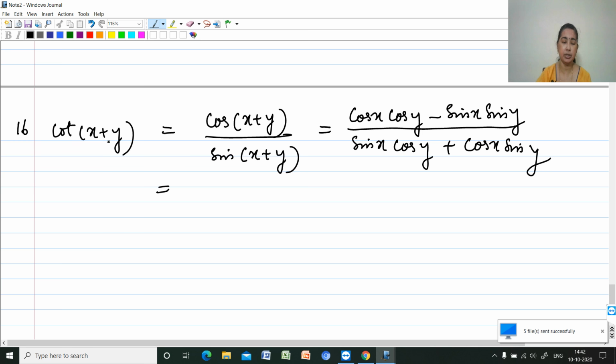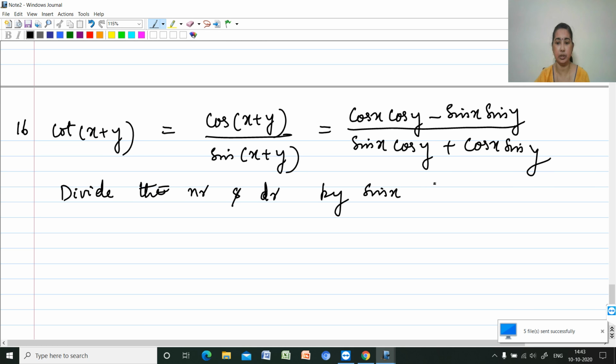Since the question is in terms of cot of x plus y, the identity also we need in terms of cot. So, in order to make it cot, I need to divide the numerator and denominator by sin x into sin y.